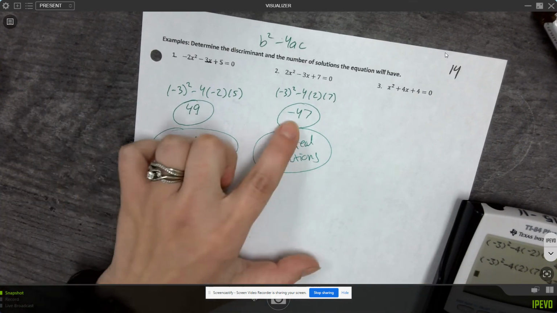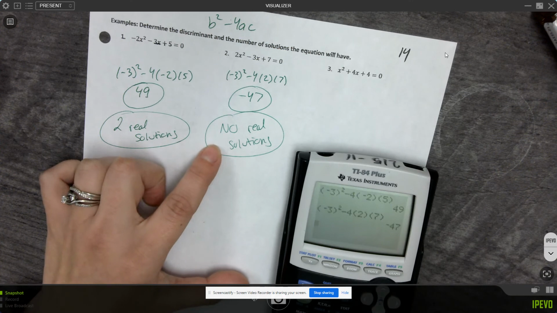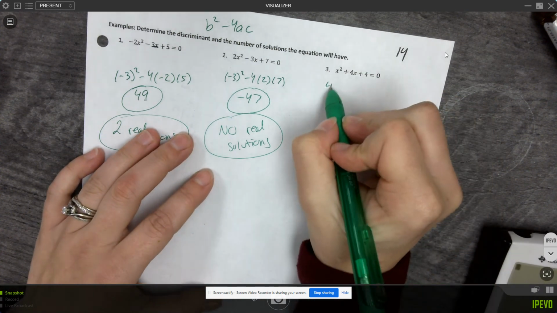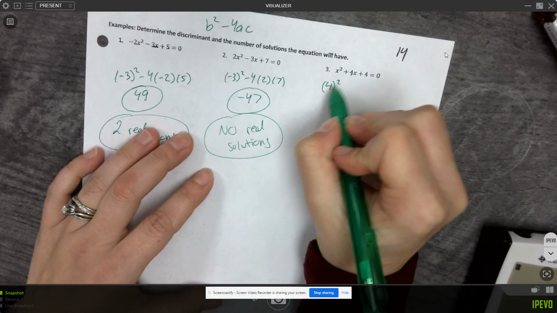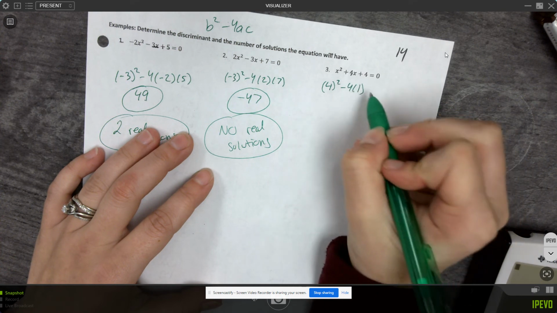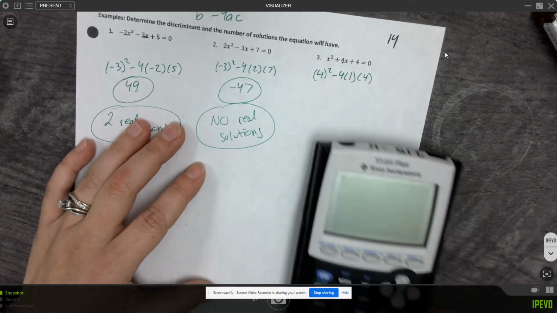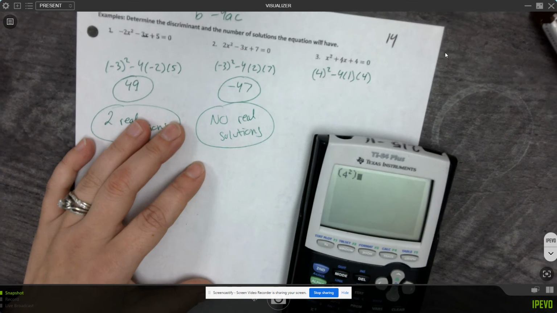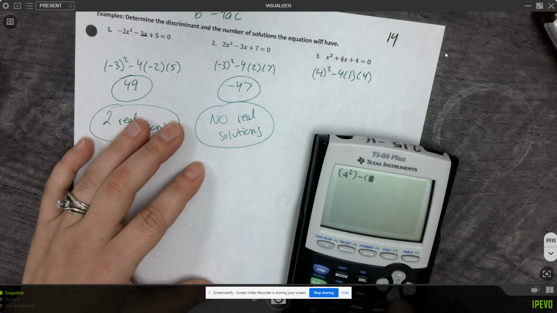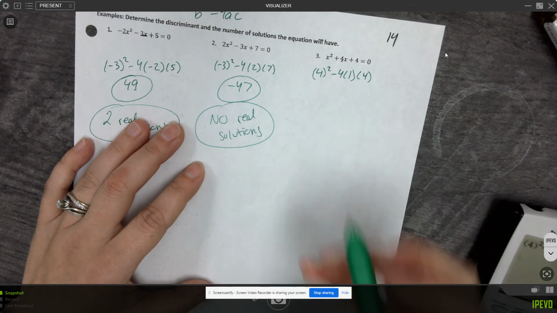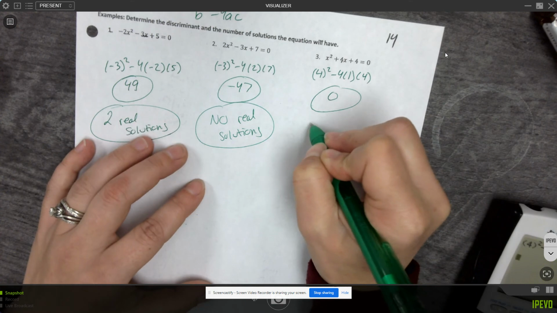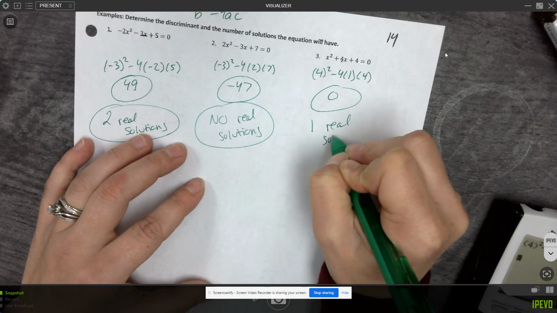Positive is 2, negative is none. b squared minus 4 times a times c. 4 squared minus 4 times a times c is 0, which means 1 real solution.